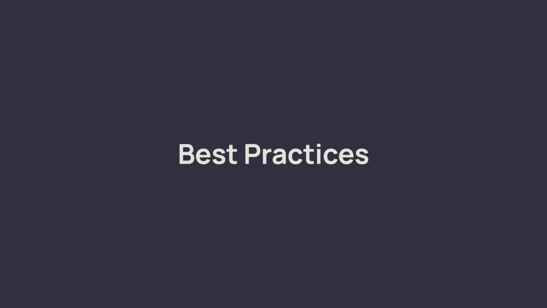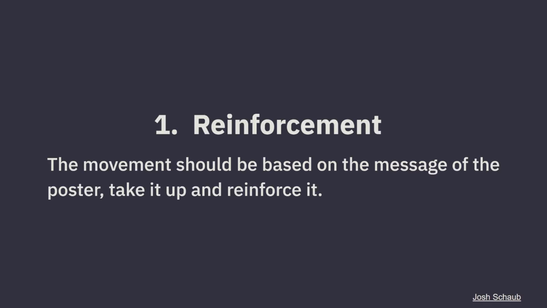Some principles that Josh gives for designing good motion posters. Number one, use reinforcement. This means that any movement that you add to your animation should be reinforcing the message of the poster. It shouldn't be extra decoration that's put on top of it, but again, it's used as a design element to communicate something very specific.